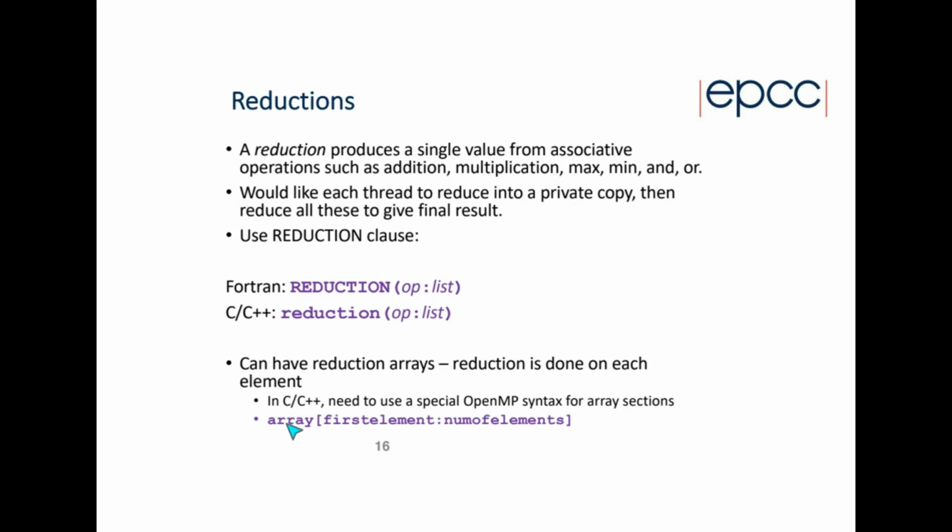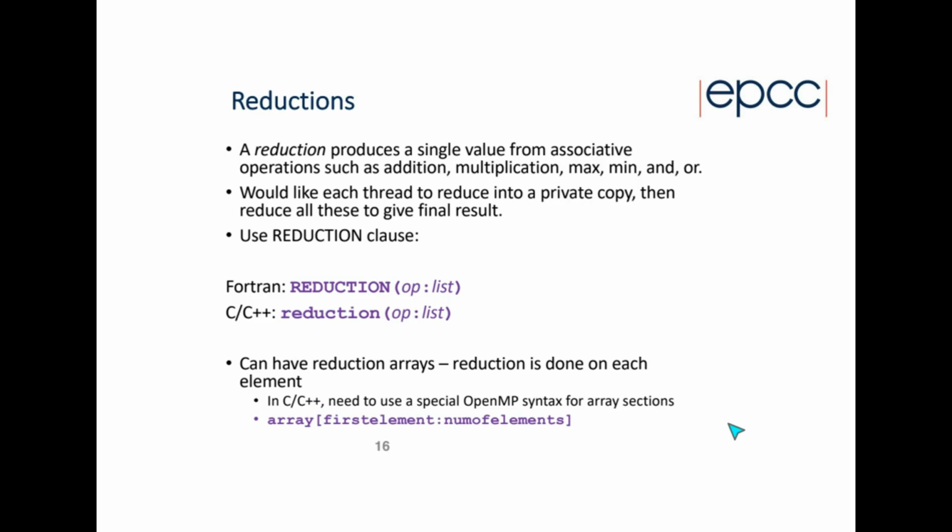So we have to specify the array and then in square brackets the first element, okay, so the number of the first element colon the number of elements. The reason for this is that in Fortran, arrays carry metadata around with them, which describe their sizes and number of dimensions and so on.